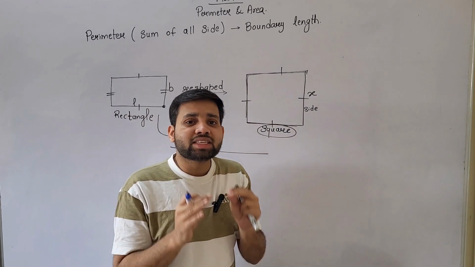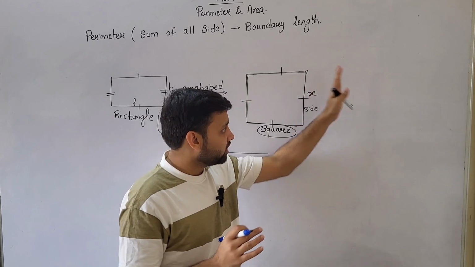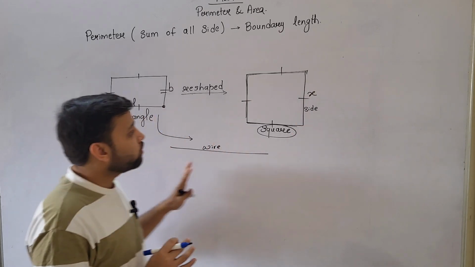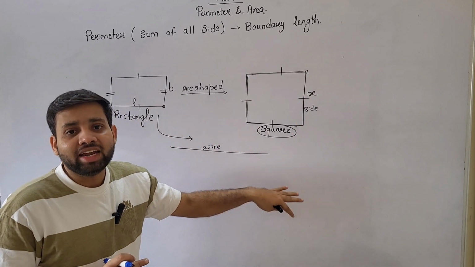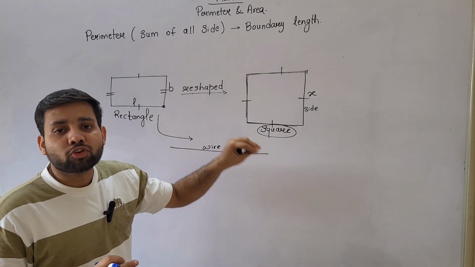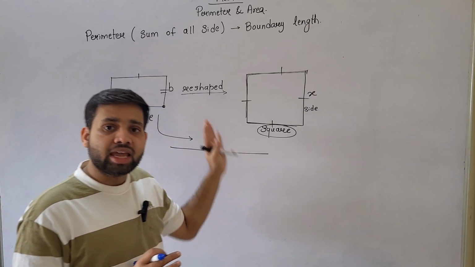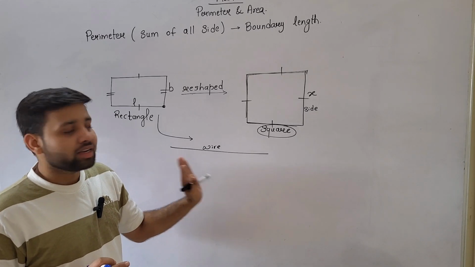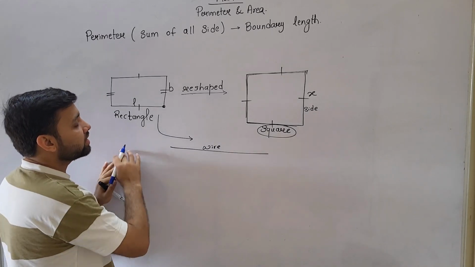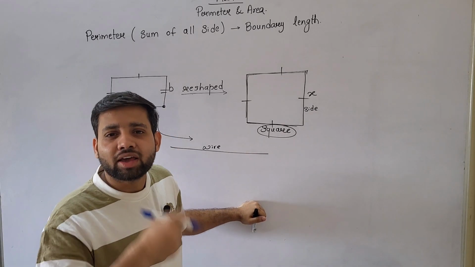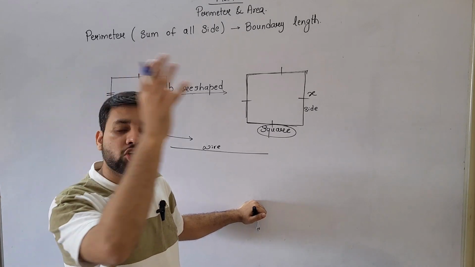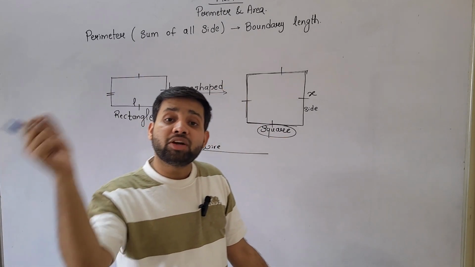So these basic concepts are required. I'll write the formulas here for you. But before that, I want to give you an idea of which types of questions you are supposed to solve in the exam. They might give us the length of a wire or the perimeter of one shape and then ask about another shape.